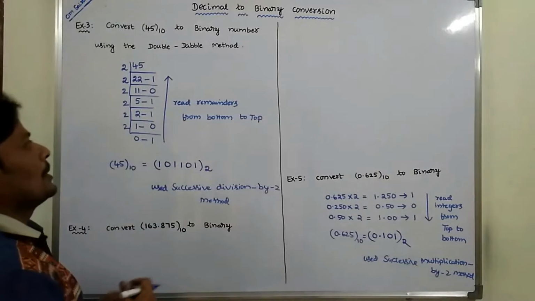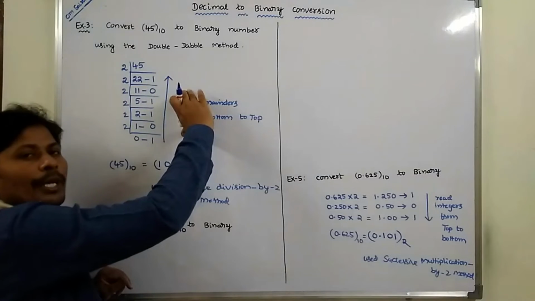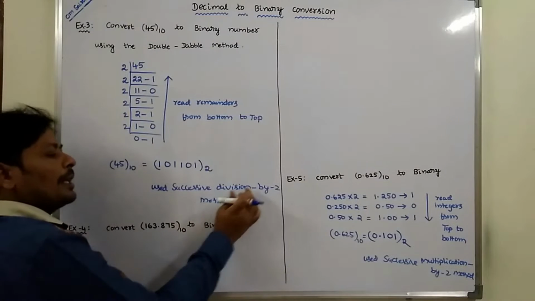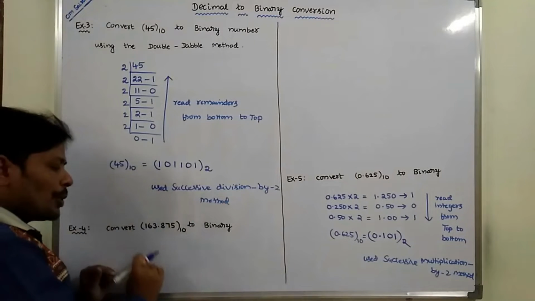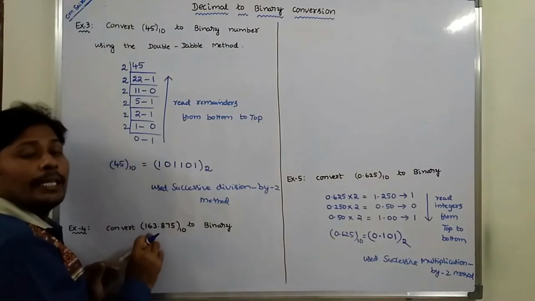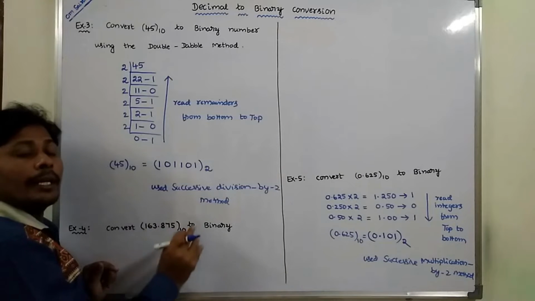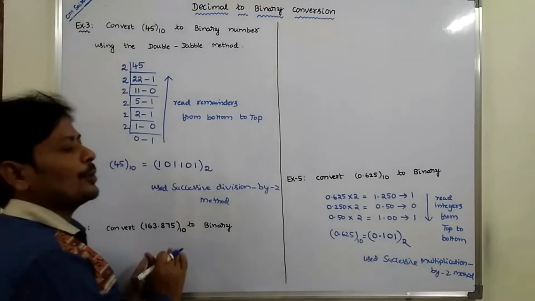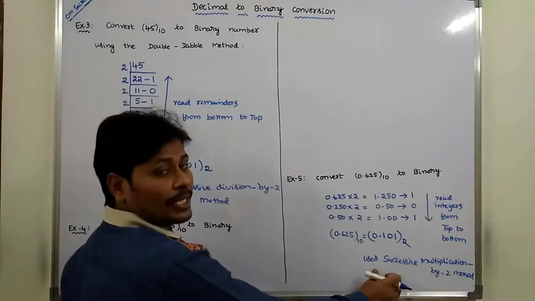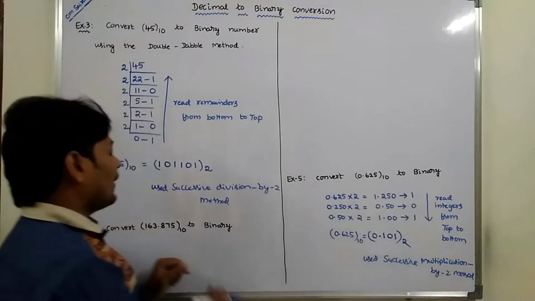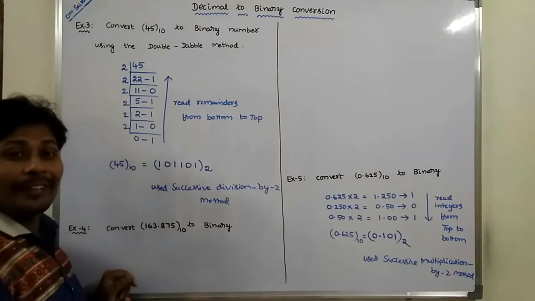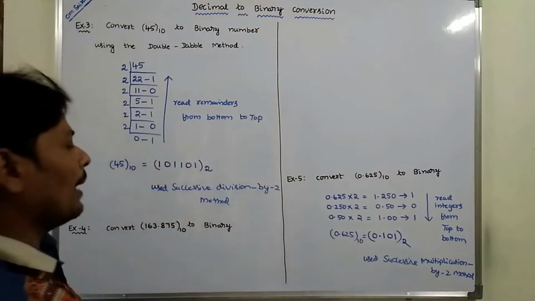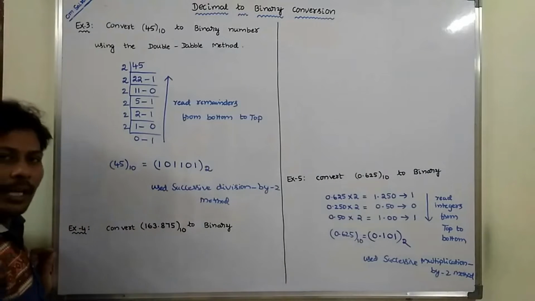So we use the successive division by 2 method for converting the given decimal integer number into a binary integer number, and the successive multiplication by 2 method for converting the decimal fraction number into the equivalent binary fractional number.